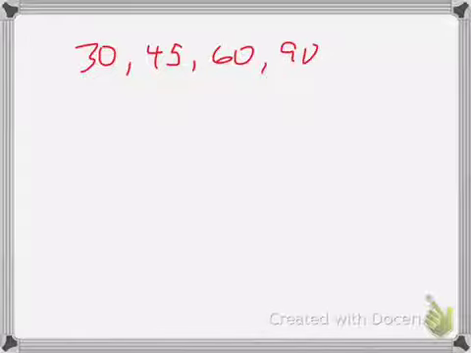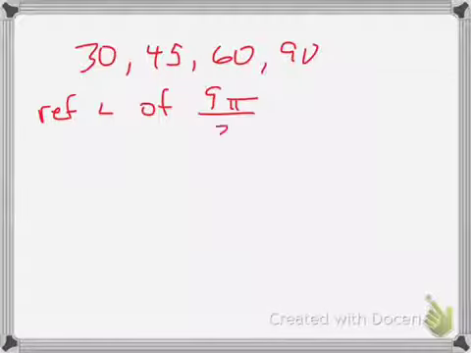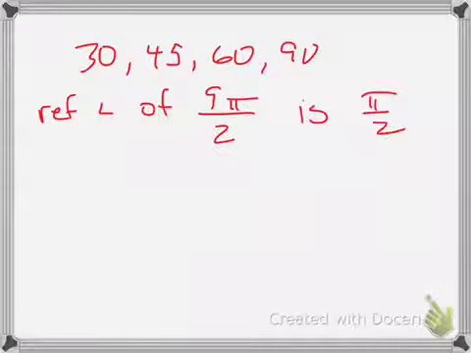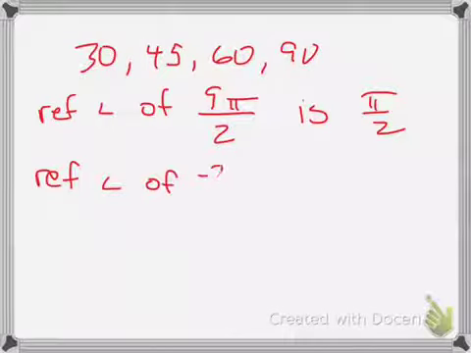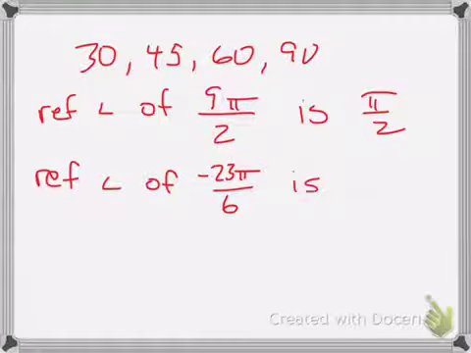All right, so the reference angle of 6 pi, gosh, I started with something that's not going to work there, 9 pi over 2 is pi over 2. Reference angle of negative 23 pi over 6 is what? Pi over 6.